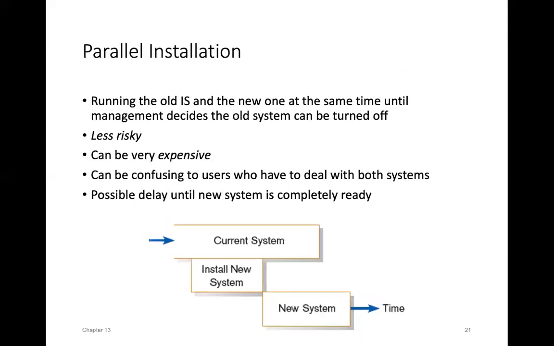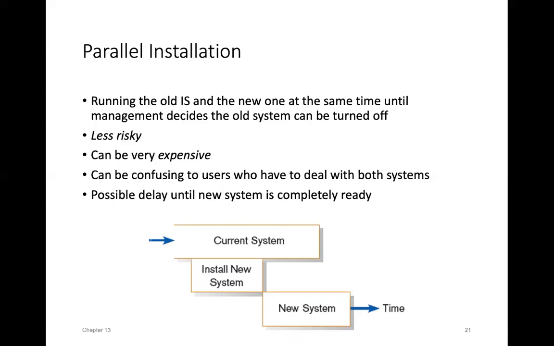Alternatively, you might want to go for a parallel installation. What does this say? Running the old information system and the new one at the same time until management decides that the old system can be turned off. It's less risky, because you're going to have 2 systems running together in parallel. And as you slowly move users across, you're hopefully not going to have any confusion for the user community about which system they're actually using.